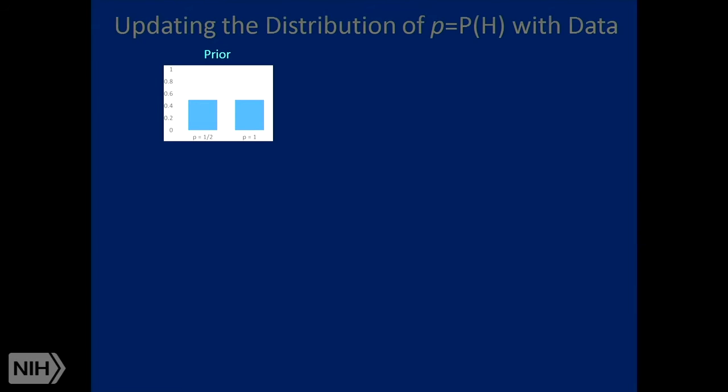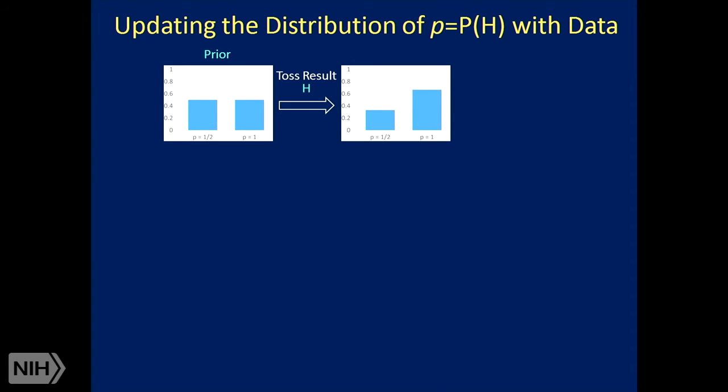And then we do the toss. We're going to update this distribution. We do a toss, and we find a head. Now I'm going to update this information. Because I got a head, the probability that it is the two-headed coin has gone up, and the probability that it is the regular coin has gone down.